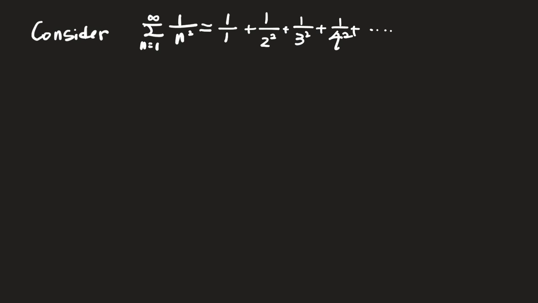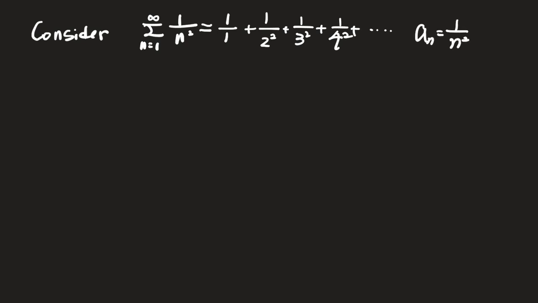So first, what do we mean by the sum of this series? The idea is coming from the integral. Let's figure out what this series is going to represent. This one is a_n, which is 1 over n squared.